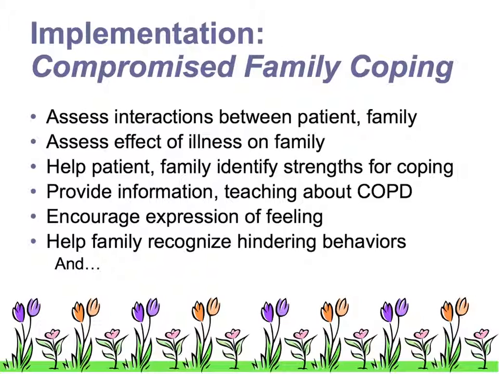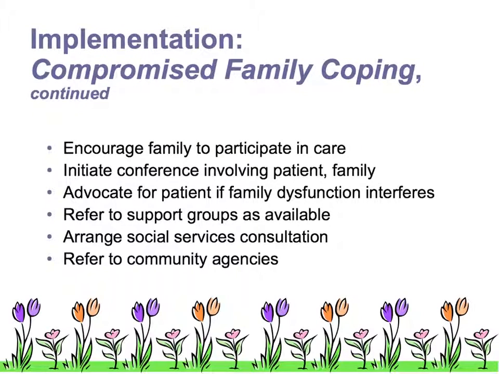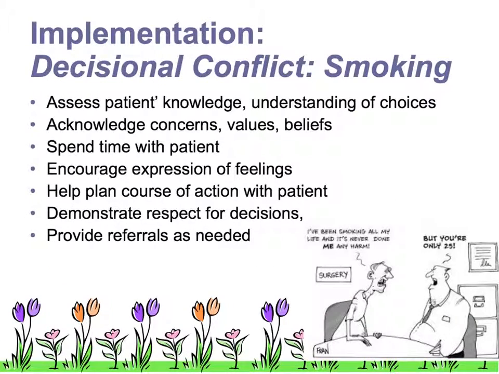That's the same. Decisional conflict, smoking. So here again we have assess the patient's knowledge and understanding of their choices and make sure that they're fully educated on the choices and the results of their decision. Again, if the patient has 6 weeks to live, are we going to really improve their health by having them quit their cigarette smoking?